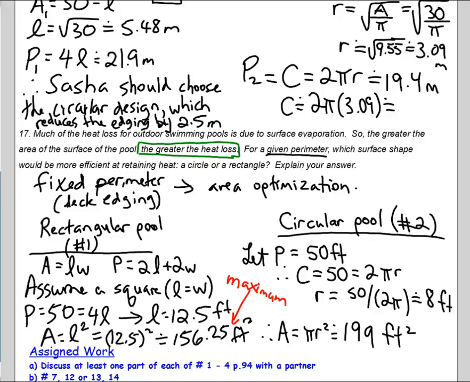And from there, we could just make a conclusion that any rectangle shape will be less than the circular area.